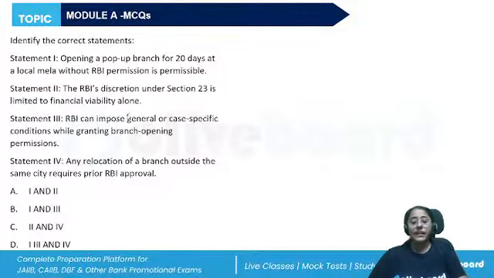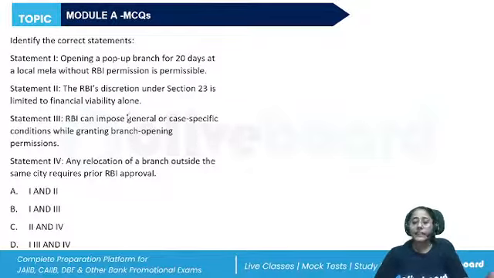So, this is regarding opening of a new place of business. Which of the following statements are correct? This is given in Section 23 of the Banking Regulation Act.